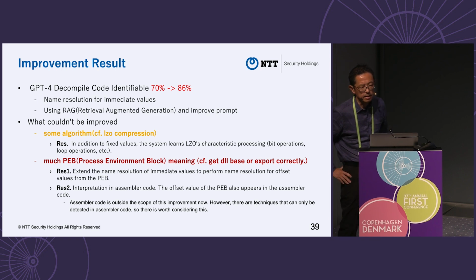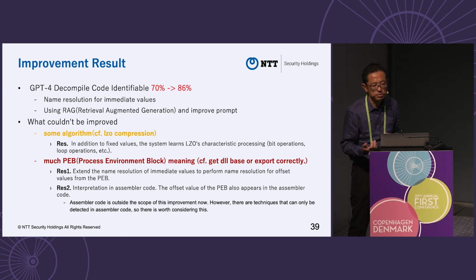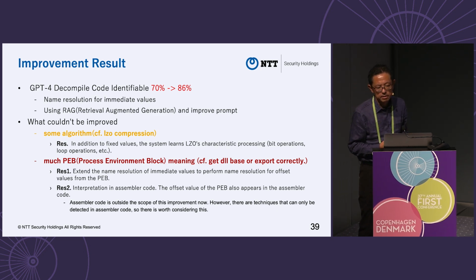One is some algorithms, such as resolution of processing, in addition to fixed values, like LZO characteristic processing. The other is PEB-related things. So there are two resolutions, we think.